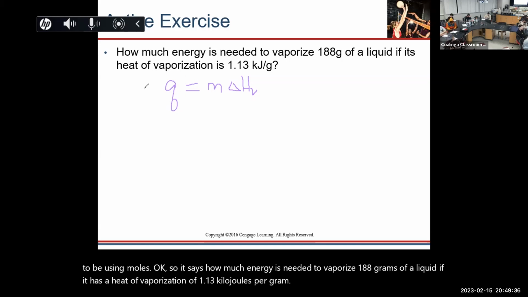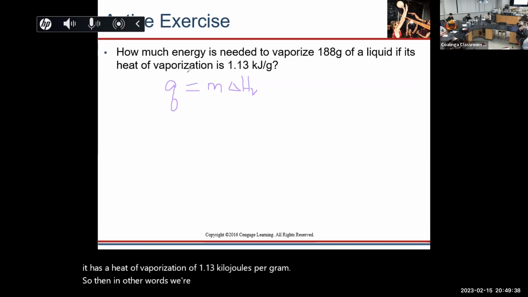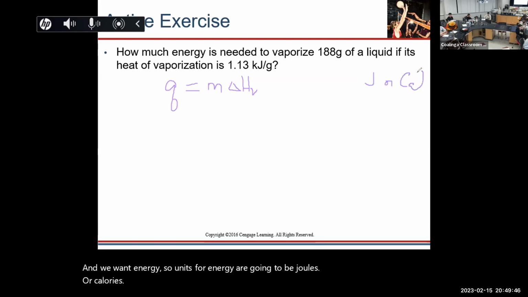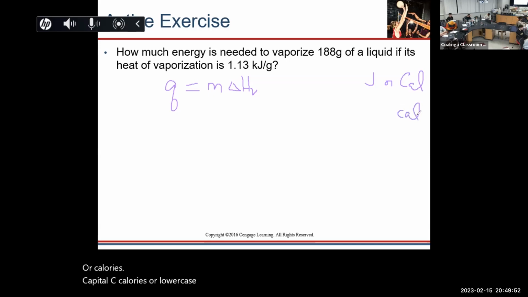So in other words, we're calculating Q. And we want energy, so units for energy are going to be joules or calories, capital C calories or lowercase c calories. So in this case, we're going to be using kilojoules, kJ.